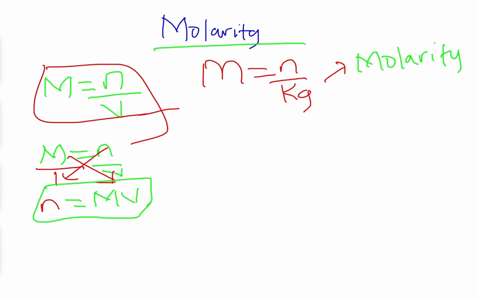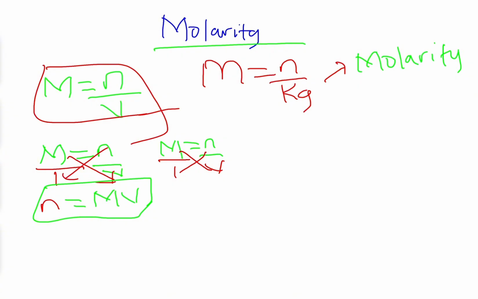So what if we were given the mole and the molarity, but there is no volume? The same concept. We can say molarity is equal to mole over V. To make V the subject of this formula, we divide both sides. We divide n by 1 to balance, and we cross multiply.